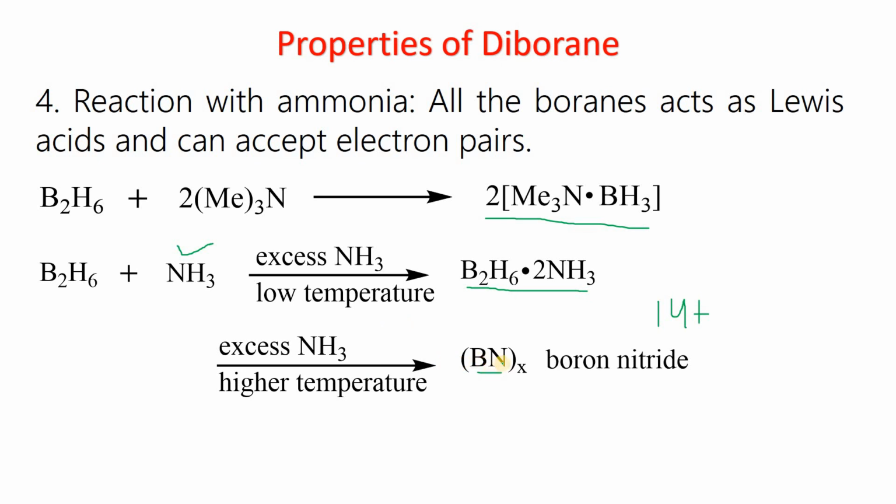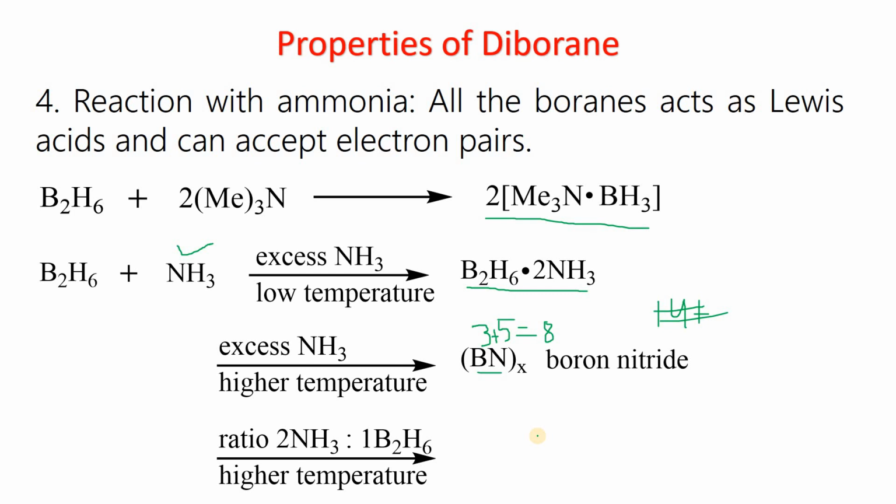The number of valence electrons in nitrogen are 5 and the number of valence electrons in boron are 3. So total 3 plus 5, 8 electrons. And the two carbons also have 8 electrons. So the structure of boron nitride is similar to graphite.